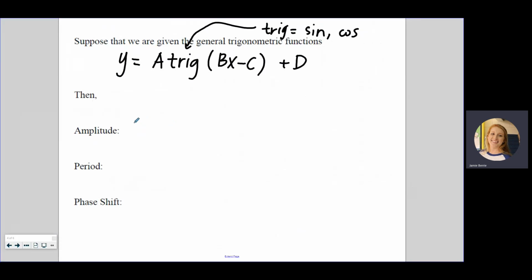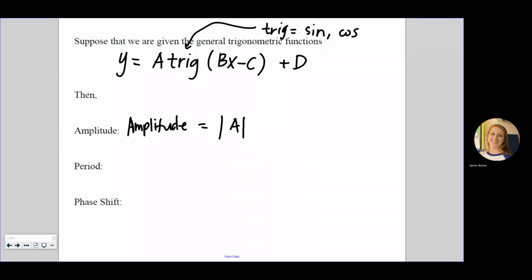So this is the formula for amplitude. We would say amplitude is equal to the absolute value of your coefficient A. Absolute value, because this is representing a distance, and distance should always be positive. So the amplitude is sort of like the height of the function.